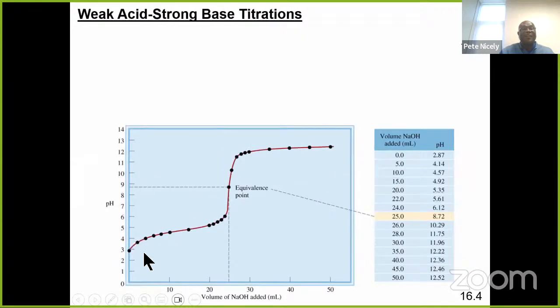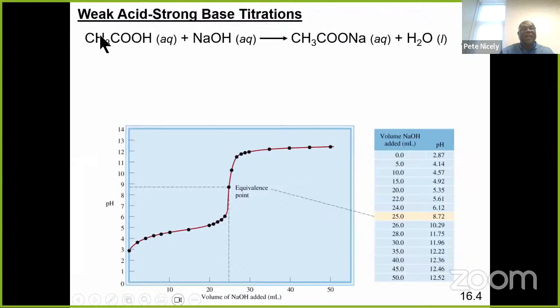Okay, now in the case of the titration of a weak acid versus a strong base, the shape of the pH curve is a bit different. Let me explain what I mean by that. If you were to compare this one to the one that I showed you before, you'll notice that initially the pH starts at a higher value compared to the previous graph, right? The reason why is that in the case of this plot, the acid is weaker, and therefore the pH would be higher as a result.